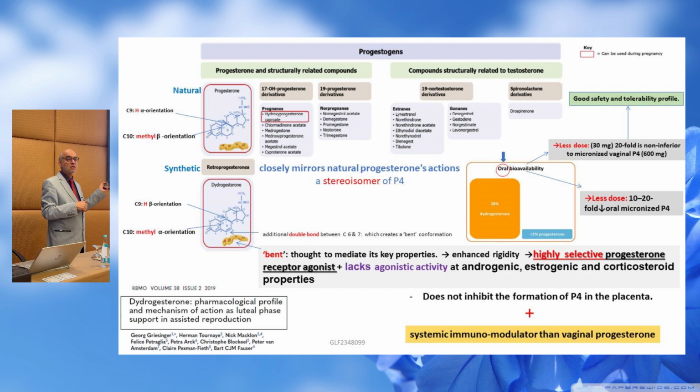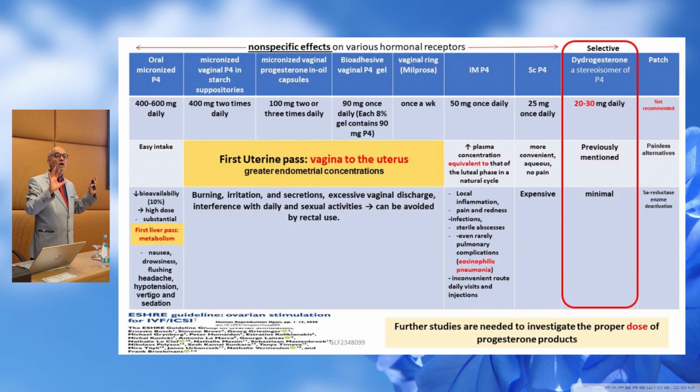In this table, I summarize to you the differences between the different types of progesterone, natural progesterone and synthetic progesterone. For the natural progesterone, usually in practice, particularly for IVF patients, we use the vaginal approach, which is micronized vaginal pessaries, or micronized vaginal suppositories, or vaginal cream.